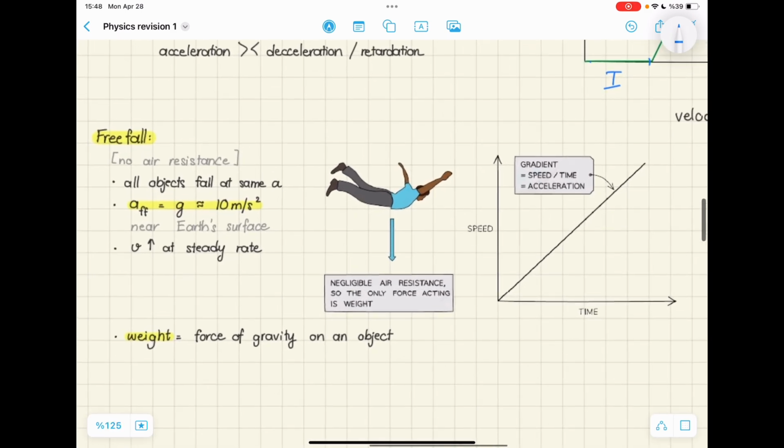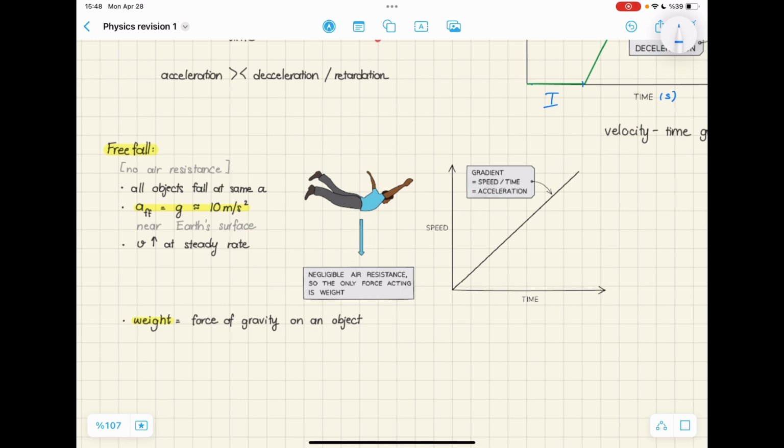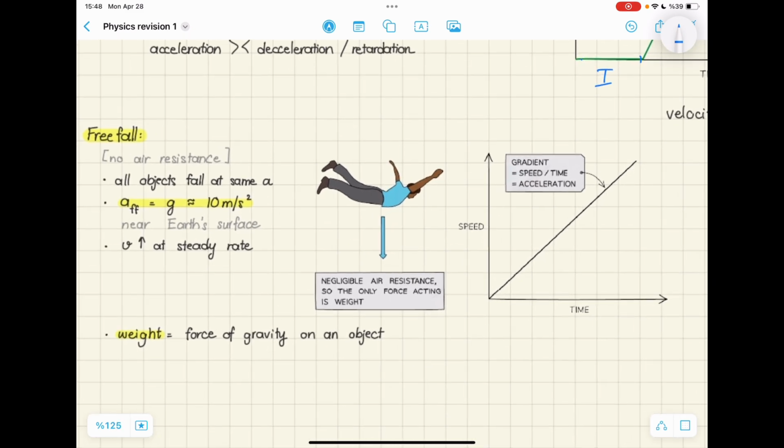Free fall is a type of motion which is a very good example of a different type of acceleration, deceleration, and forces and so on. To really understand free fall, you also need to understand the forces. But here, we have no air resistance, so the only force acting is weight.